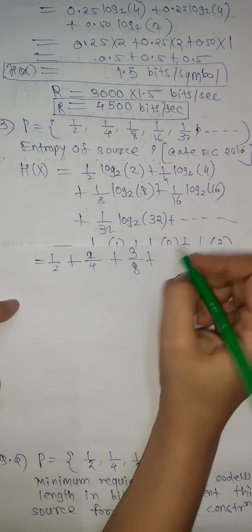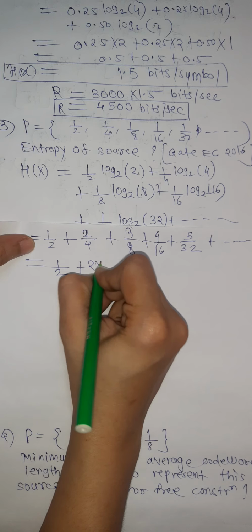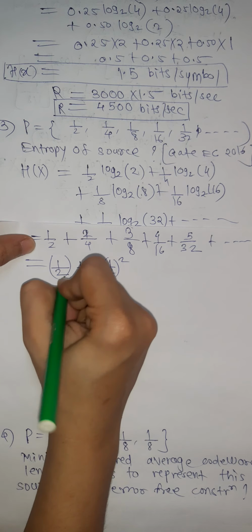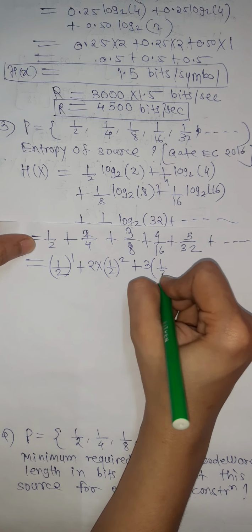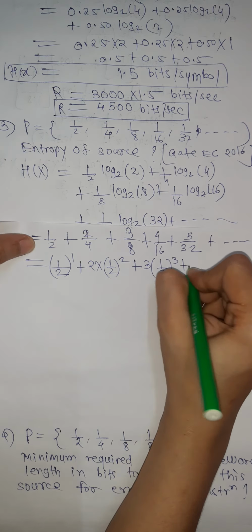So again we can adjust it as 1 by 2 plus 2 into (1 by 2) squared plus 3 (1 by 2) cubed plus 4 (1 by 2) raised to 4 plus 5 (1 by 2) raised to 5, and so on.